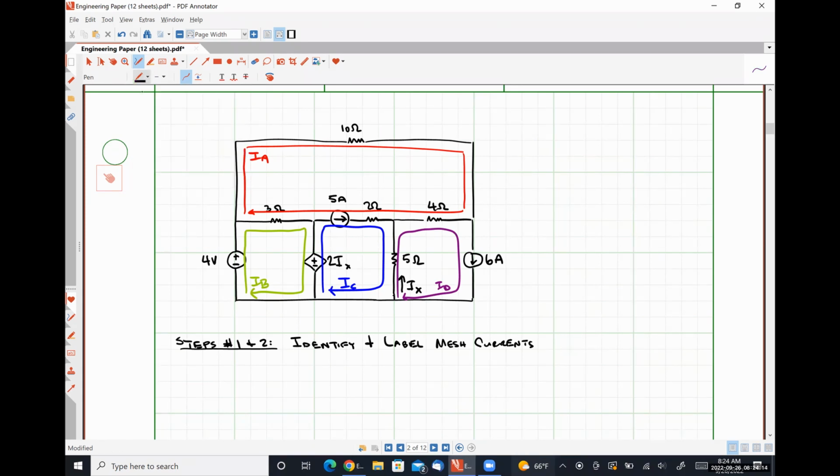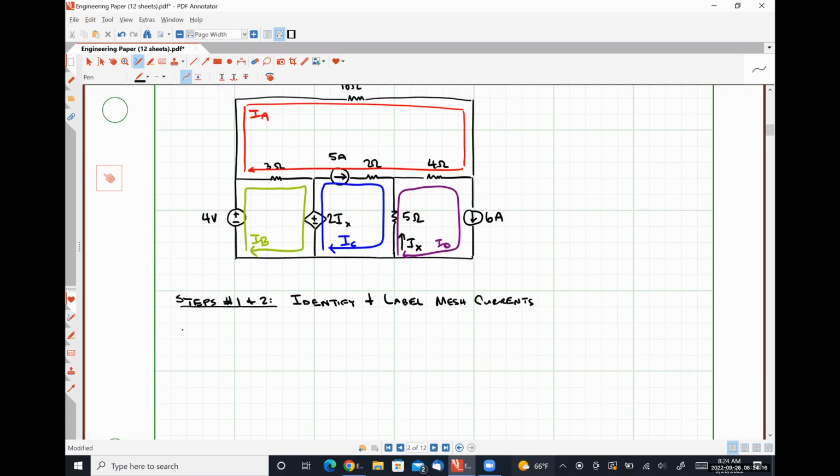Our next step will remain the same. We will be expressing our controlling variable in terms of our mesh currents.